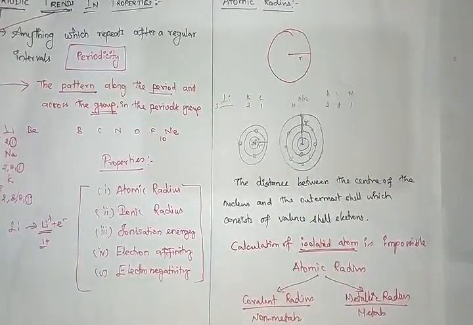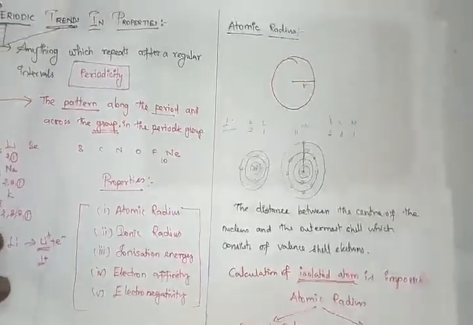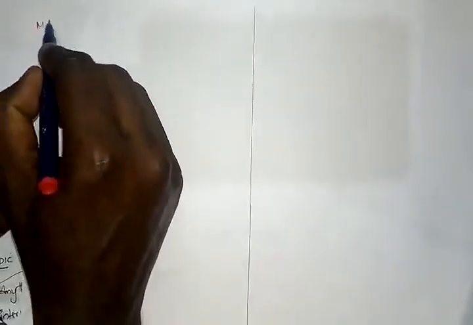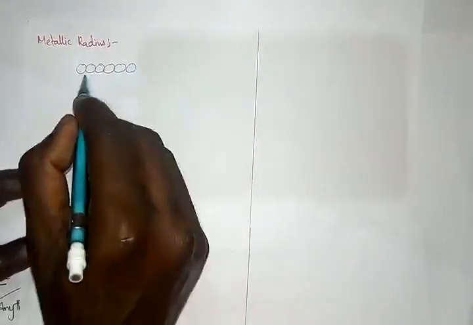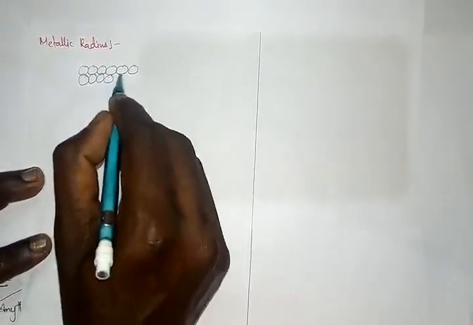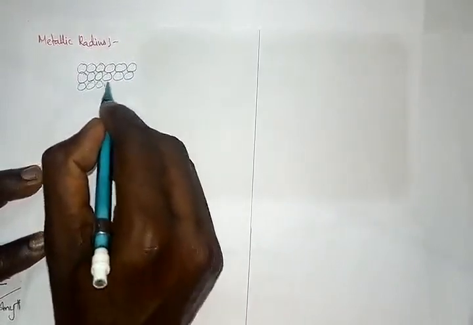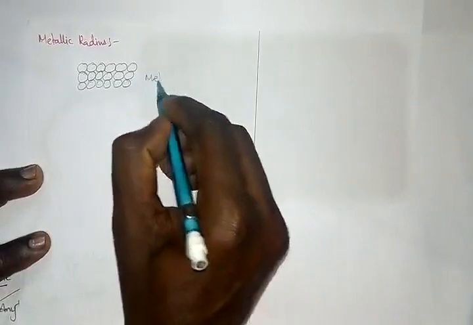So let us see one by one what the covalent radius and the metallic radius are. First we will go to the metallic radius. We know that when you take a copper wire, the copper atoms are connected continuously like this. We call it a metallic crystal.